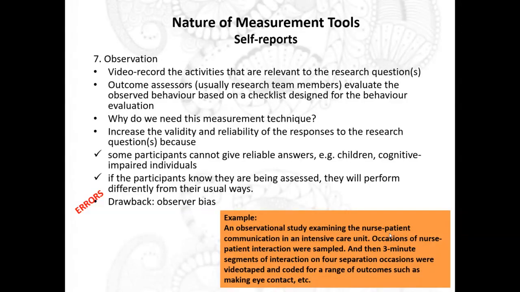Every approach has its pros and cons. So whatever approach you use, you need to bear in mind that there must be some bias in it, so we will try to avoid it. This is what I mean by observer bias: the observer itself has some preconceptions about the behavior of the nurse and the patient. They may give a lower or higher rating.